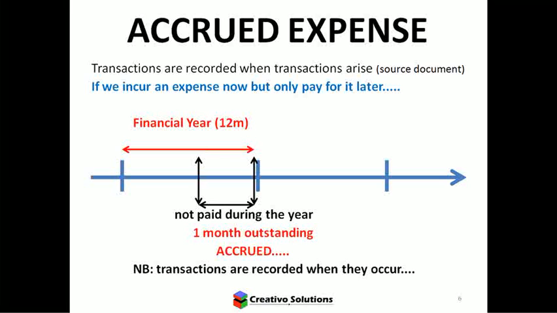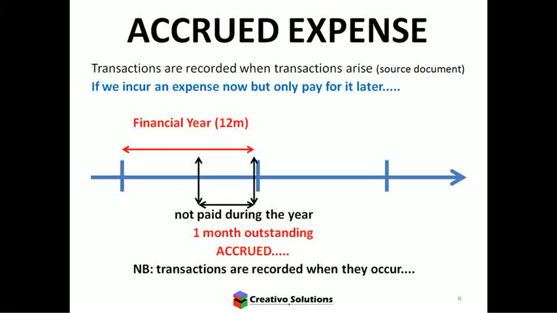So when looking at that 1 month that's outstanding, we can't only show 11 months worth of water and electricity that we've used. We have to always look at the one additional month, because for 12 months you are using that specific expense. You've incurred it, you've used the water and the lights, the electricity, and therefore I need to provide for it in the 12 months.